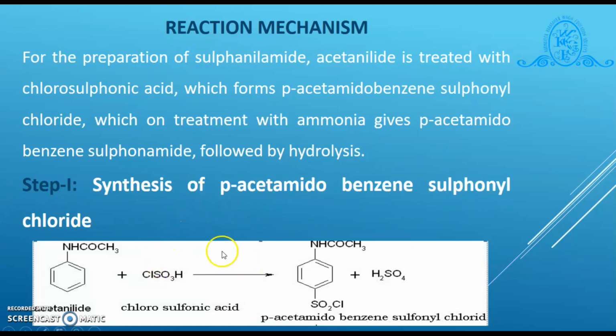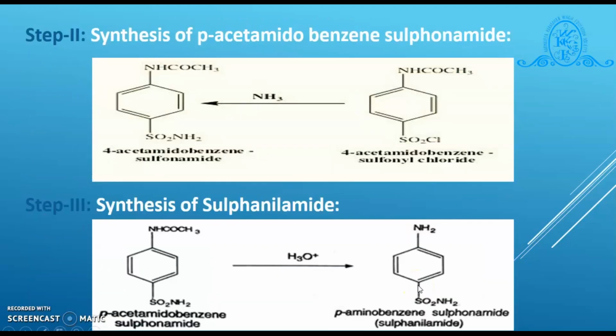Students, you can see on the screen the reaction involved in step 1, where acetanilide is reacted with chlorosulfonic acid. It produces para-acetamidobenzene sulfonyl chloride. This is step 1.